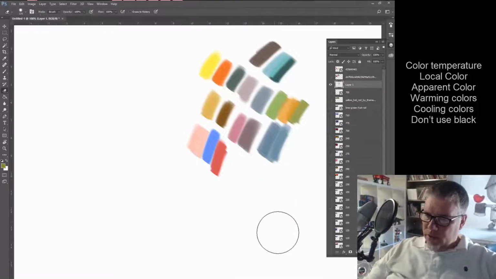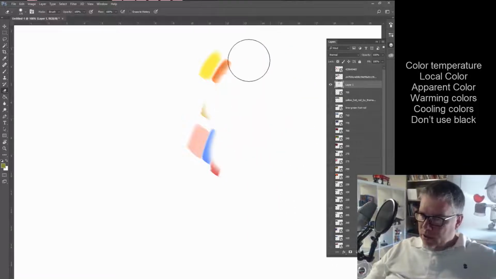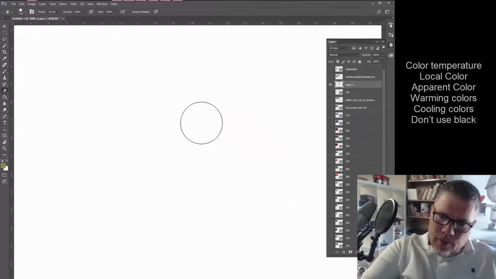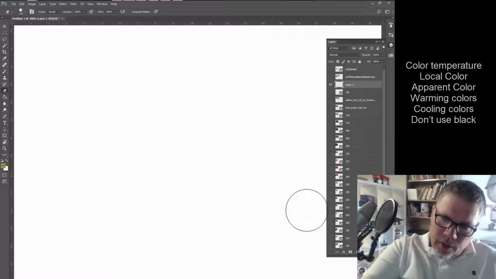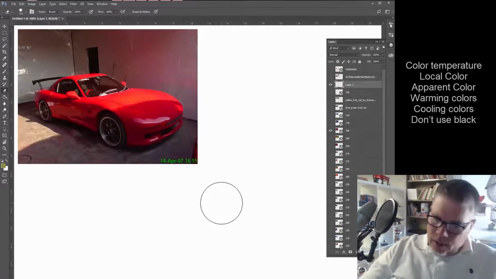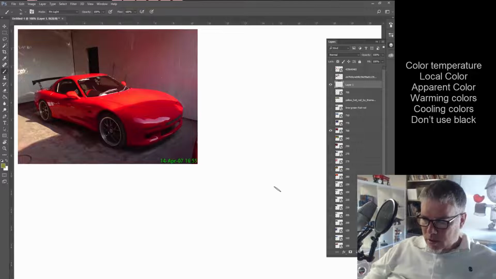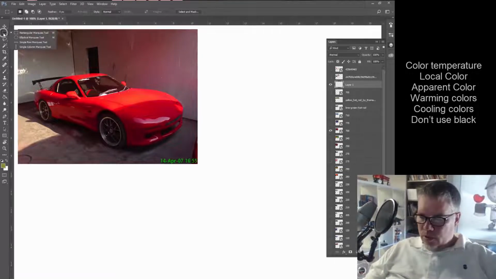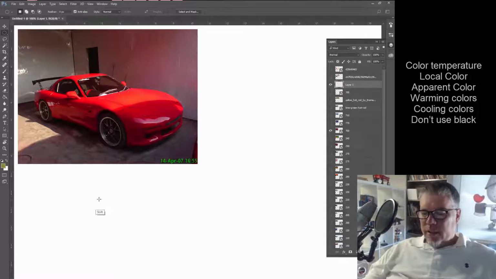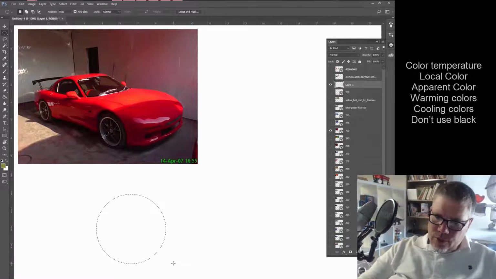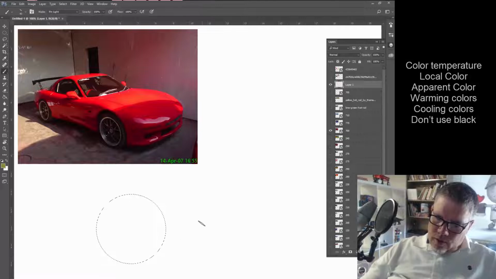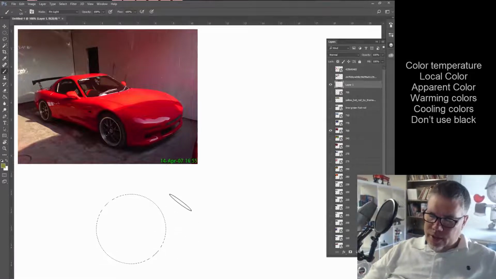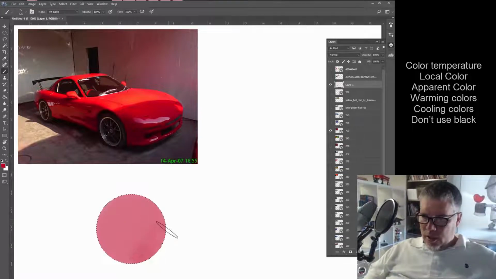Okay, so let's go back to our car here, and this is a crucial thing that I want to demonstrate here. I'm just going to get an ellipse tool. Most people when they paint, the natural thing for us to do is to pick a color, right? And if we're gonna color an object, it doesn't matter what it is, let's say we've got a painting and we've got a ball in that painting.